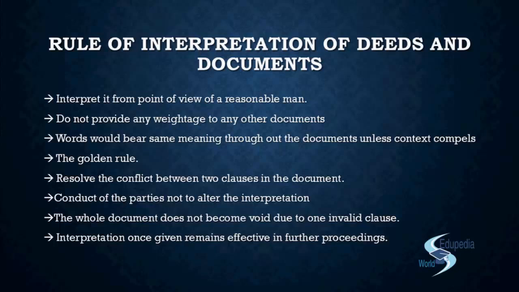Now in future, right, there was a conflict, there was litigation, and then when they went to the court, one of the parties says, no, I want the deed to be reinterpreted. Why for? The court has already interpreted it, and the court, while interpreting that deed, had used the rules, right? So the interpretation cannot be challenged, first of all.